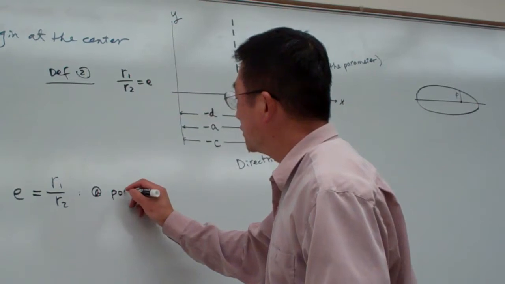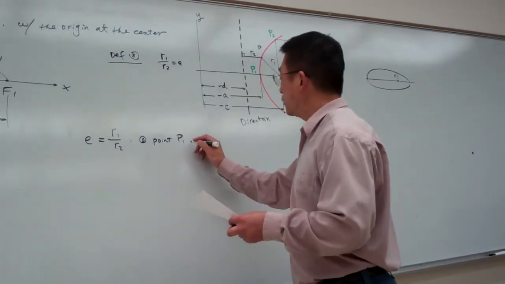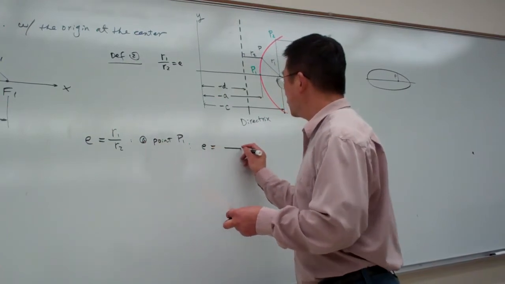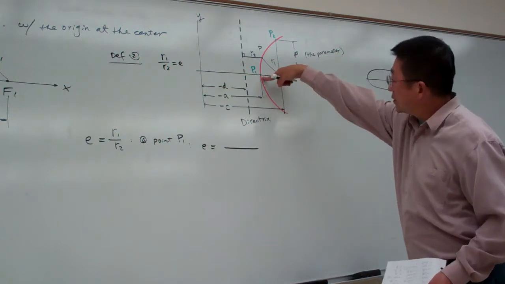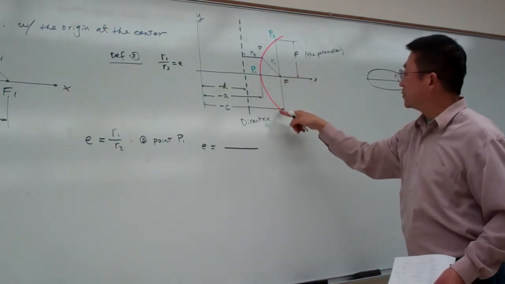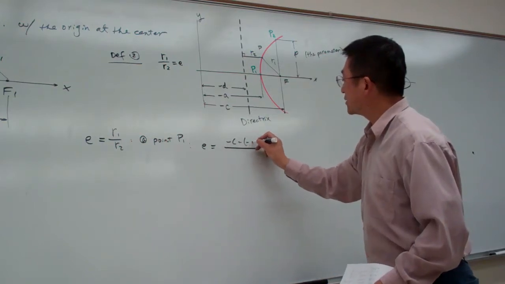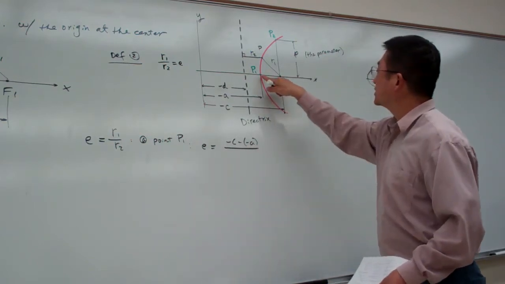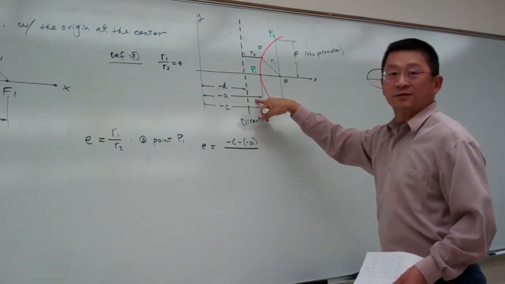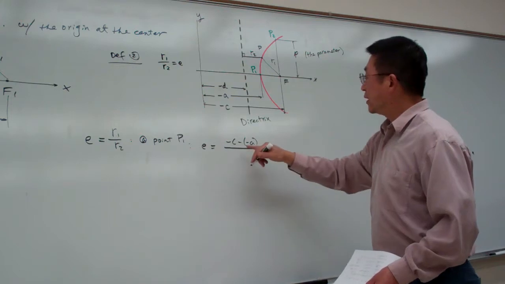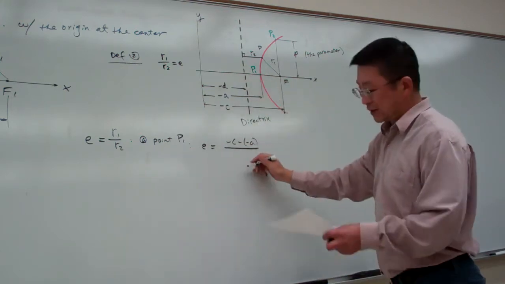At point P1, we have e equal to R1, which is this one, so that distance from here is simply minus c plus a. Minus c minus a, right? Again, this distance R1 is basically the difference between the two things, so that is this one. And divide by R2. What is R2? R2 is this one, so that is minus a minus d.